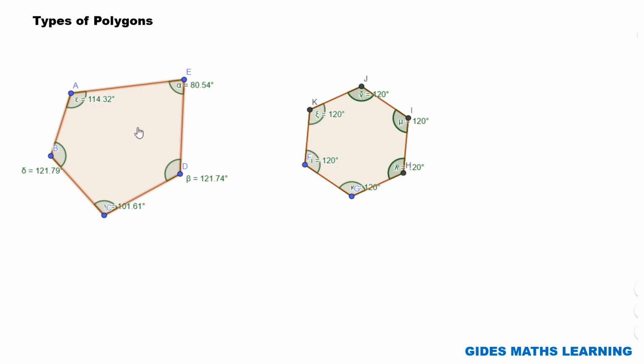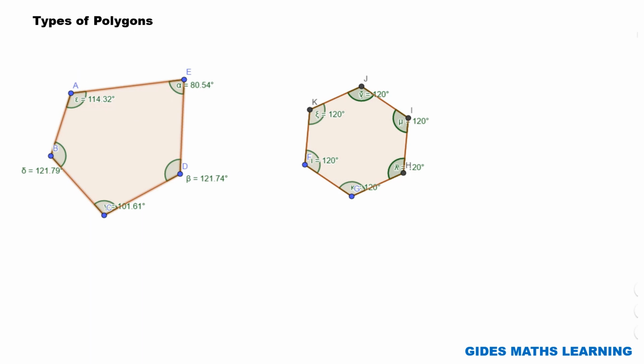Again, another property of a convex polygon is that all the diagonals will lie within the interior of the polygon. No part of the diagonal will lie outside the polygon. And the diagonal here is a line segment that connects two non-consecutive vertices of a polygon.